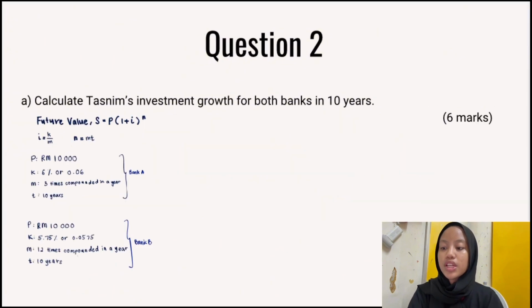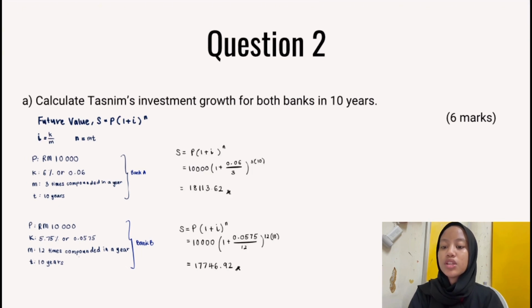For question A, calculate Tasnim's investment growth for both banks in 10 years. In this question, we use the future value formula, which is S equals P times (1 plus i) to the power of n. For i, we will use the frequency and the compound interest rate, and for n, we will calculate it using the frequency and the time period.